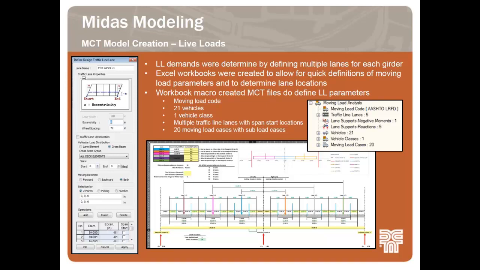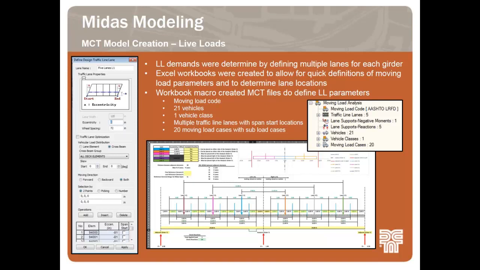This could include up to 9 unique lanes for different configurations. Defining lanes for curved girders in Midas isn't too difficult, but it's easy to make a mistake, and it can be tedious when you have to do multiple lanes and then repeat that for multiple girders.